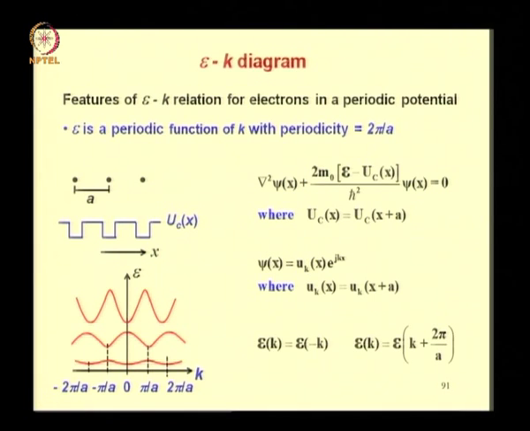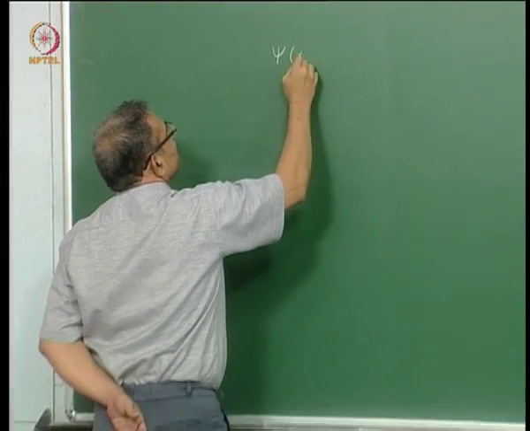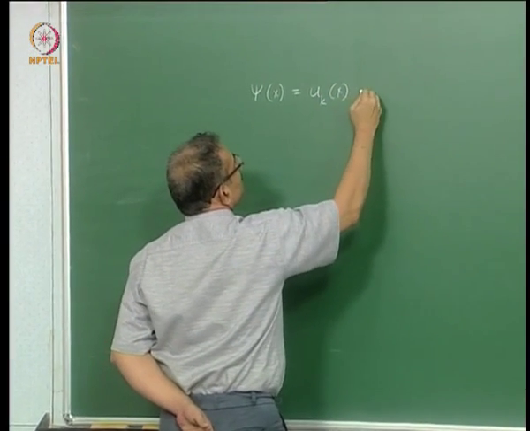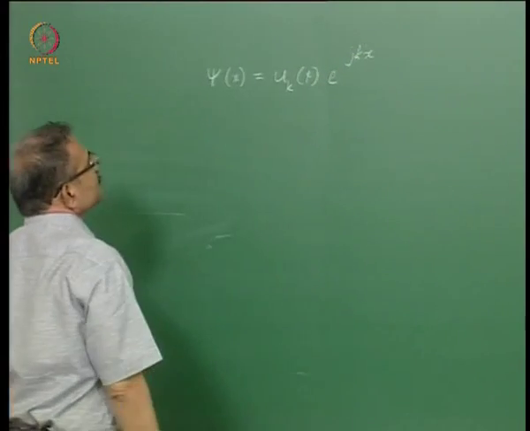Now, we will establish that E of k is equal to E of k plus 2 pi by a, based on this particular wave function solution given by the Bloch theorem. So psi of x is equal to u_k(x) into e power j k x.